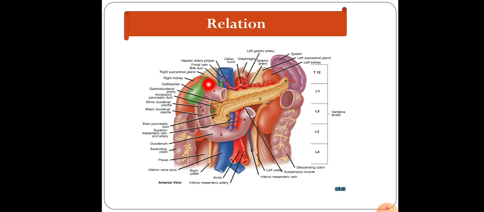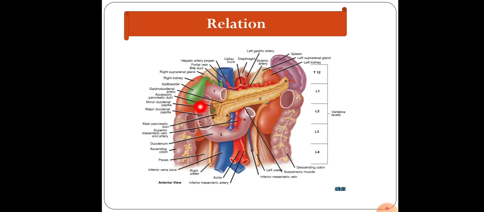The second part, or descending part, extends from the first lumbar vertebra to the third lumbar vertebra. It is related posteriorly to the hilum of the kidney. Hilum means the entrance, where structures enter or leave the kidney.